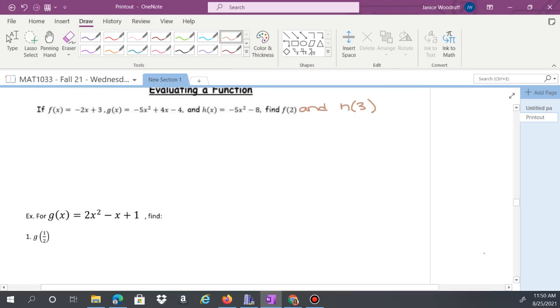Okay, so to evaluate a function like that, so we have find f of 2. What we're going to do is take our function f of x and plug 2 into our f of x function for every x.